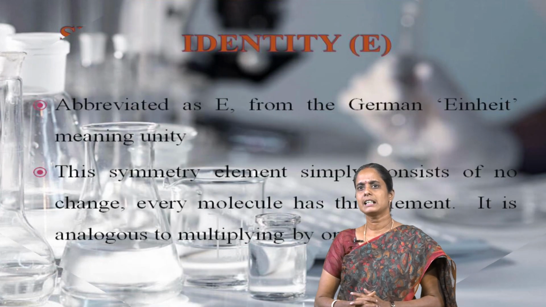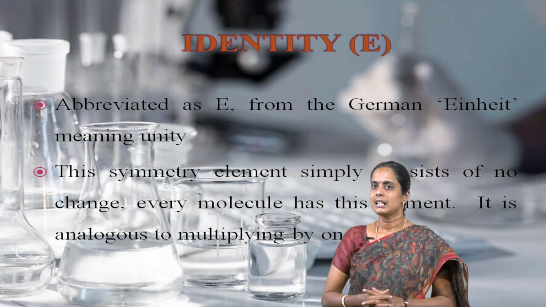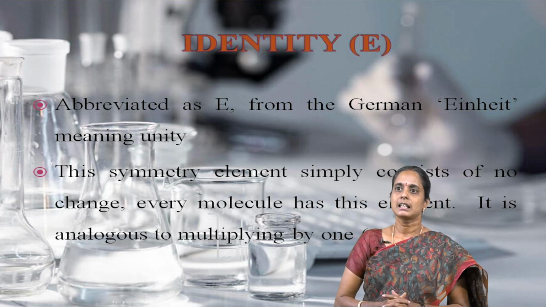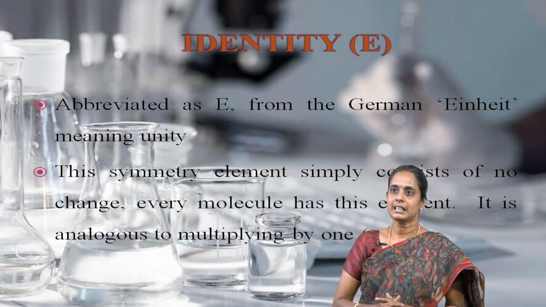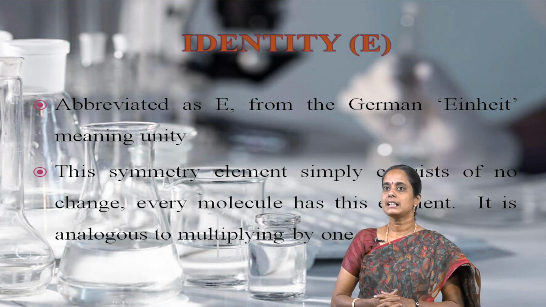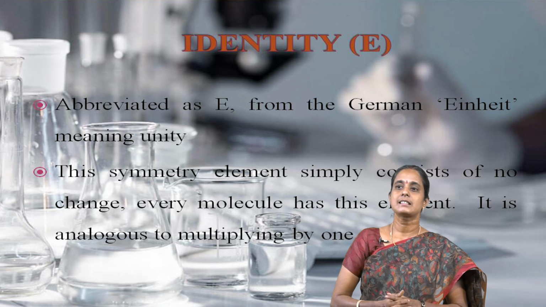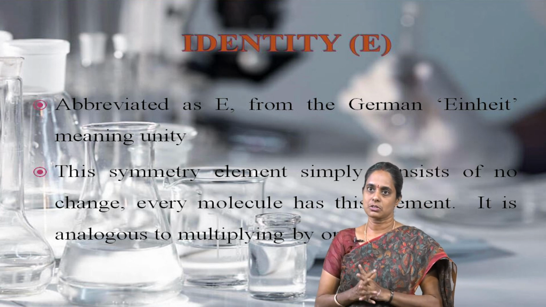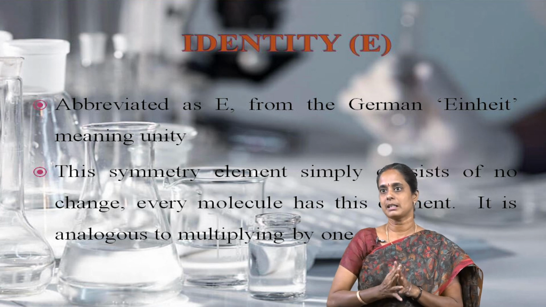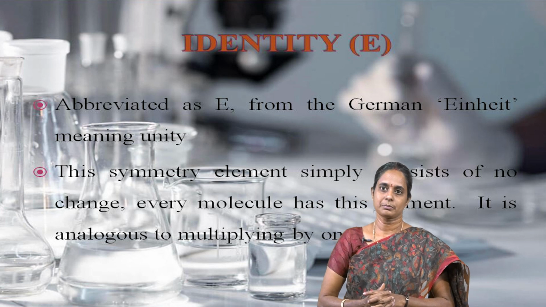First we see identity. Identity is abbreviated as E. This word originated from the German Einheit, whose first letter is E, meaning unity. Identity is defined as the symmetry element that simply consists of no change. Every molecule has this element. It is analogous to multiplying by 1.